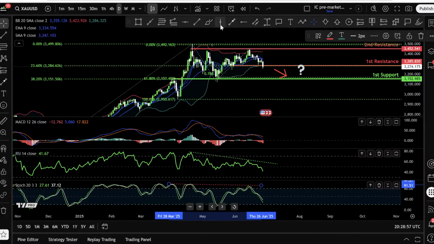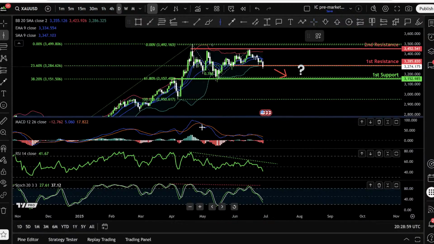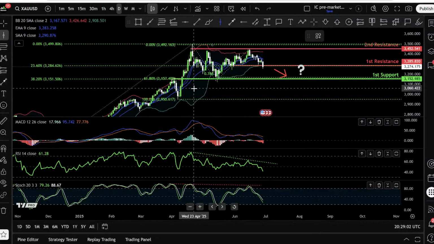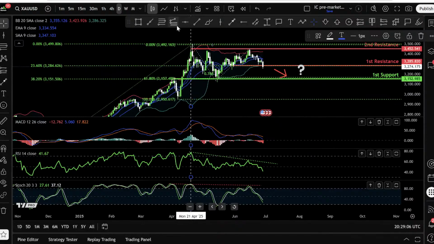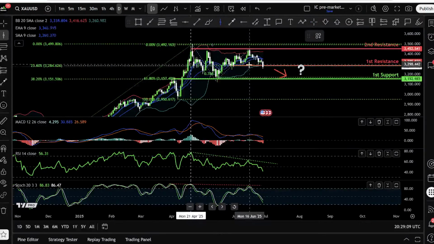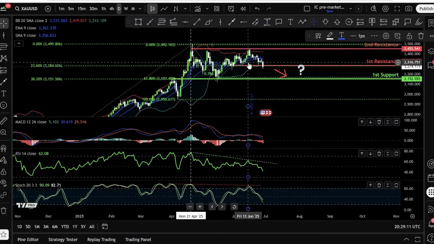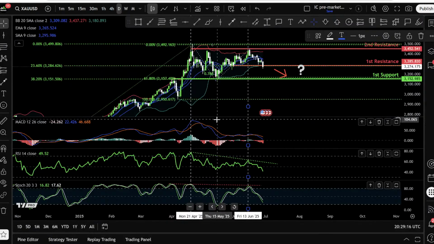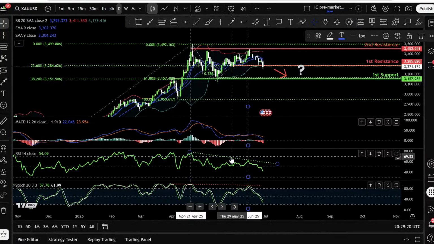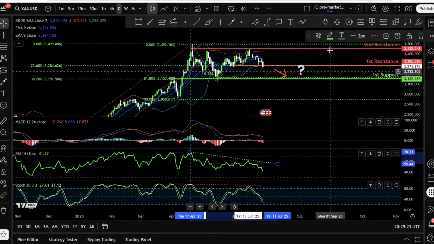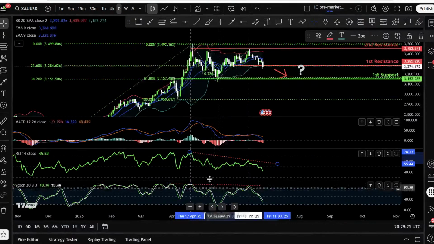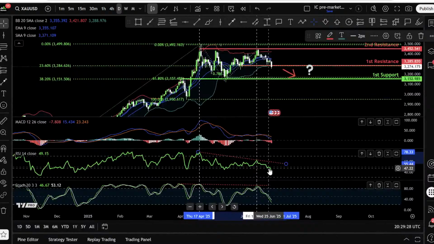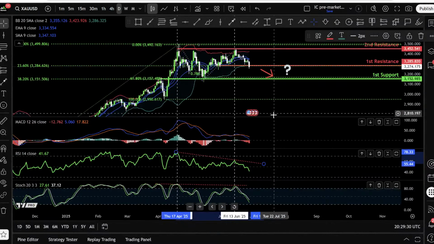I've highlighted this drop because we have a divergence here. Where I've highlighted the 2 points, you can see price is in line with a resistance, whereas on the RSI, it's giving us this kind of bearish divergence here, where price is making a lower high. So this also supports our analysis here.